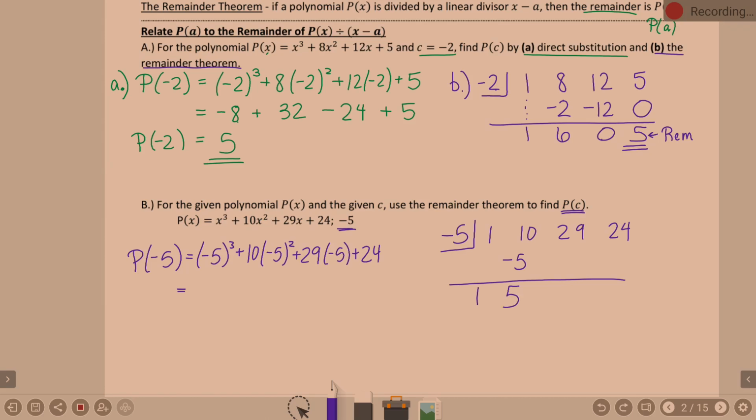Negative 5 times 5? Negative 25. 29 plus negative 25? 4. Negative 5 times 4? Negative 20. 24 plus negative 20? 4. What would be my answer to this problem? 4.